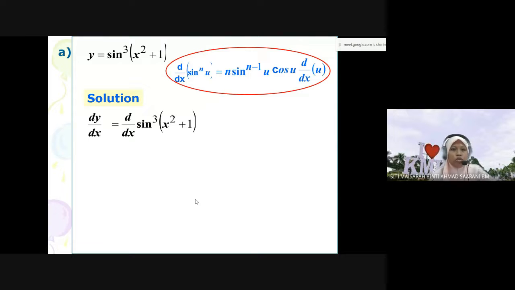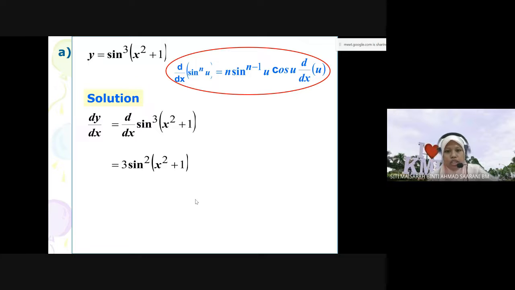Okay. Soalan dia suruh differentiate y equals sin cube x square plus 1. Okay. First. Bawa turun dia punya kuasa. So kuasa dia 3. Dia bawa ke depan. So dia akan jadi 3 sin. Kuasa tu kalau dia tolak 1, dia akan jadi kuasa 2. So dia akan jadi 3 sin kuasa 2 x square plus 1. Ni step 1, step 2.